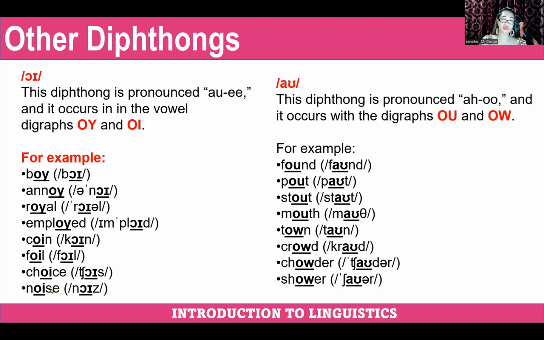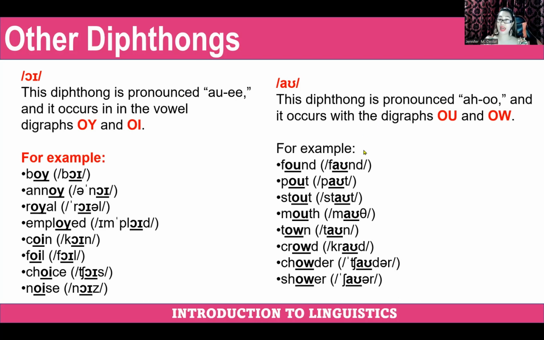This one is pronounced as Z, since it has the Z sound, noise. So again, the oi sound. And if you have the spelling already and you need to transcribe it in IPA, you replace the oy and the oi with the symbol inverted letter C and capitalized letter I, pronounced oi.